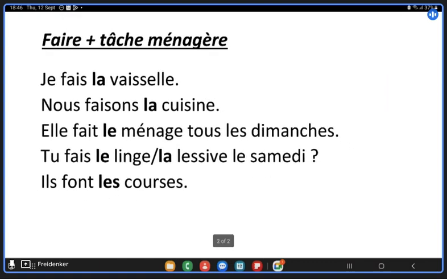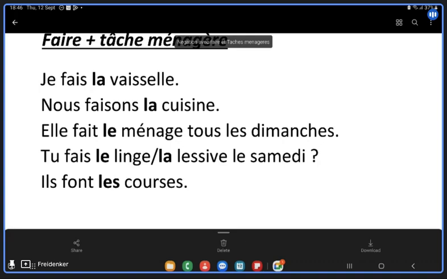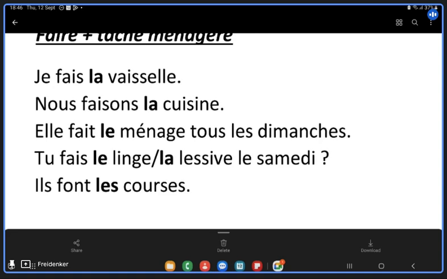So these are fixed expressions. They don't change. La will always remain la. Je fais la vaisselle. I do the dishes. Nous faisons la cuisine. We cook. Elle fait le ménage tous les dimanches. She does household chores every Sunday. Tous les dimanches is every Sunday. Tu fais le linge or la lessive le samedi.